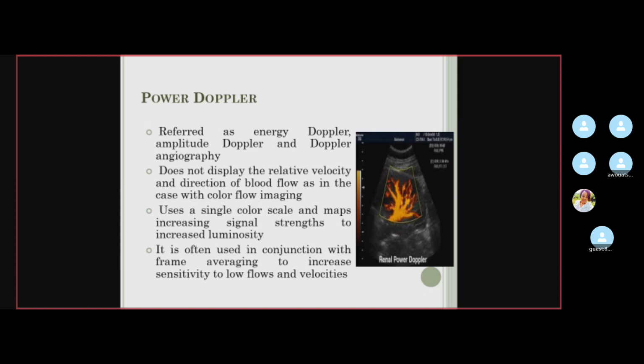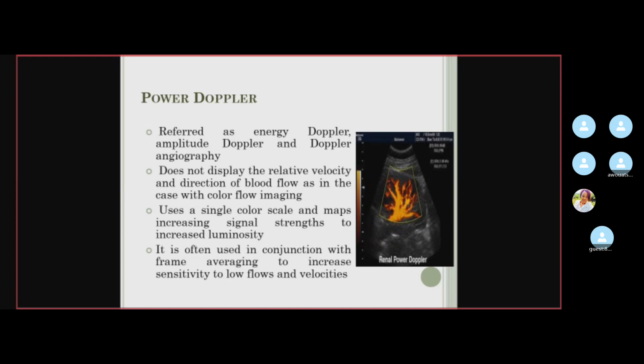Next is power Doppler. As you can see in the picture, only one color is shown. See the scale, it has an orange scale with a reducing color, moving to white slightly. Power Doppler is also called energy Doppler, amplitude Doppler or Doppler angiography.